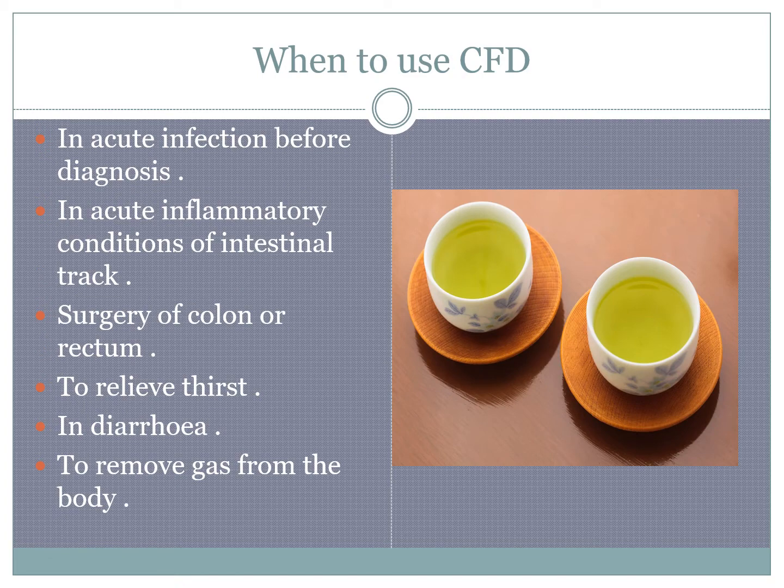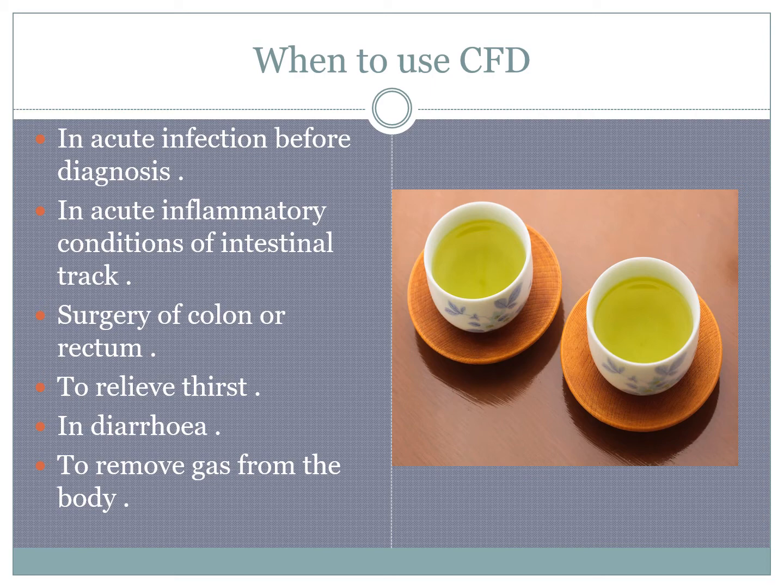So when to use this clear fluid diet? In case of acute infections, or before anything is diagnosed, or when the patient is severely ill and hospitalized, the first thing he should be put on is the clear fluid diet. In case of acute inflammatory conditions of the intestinal tract, when the intestine is not working properly and a kind of rest is needed for your intestine, then clear fluid diet is suggested.